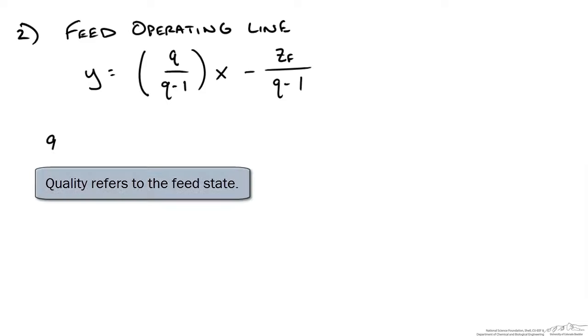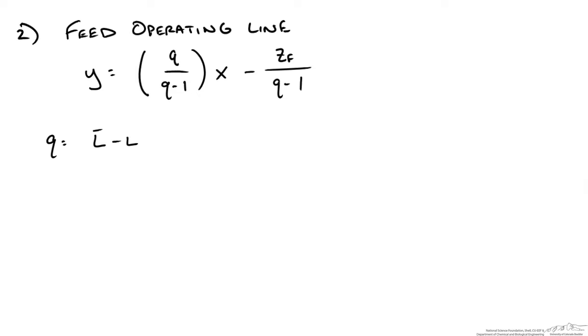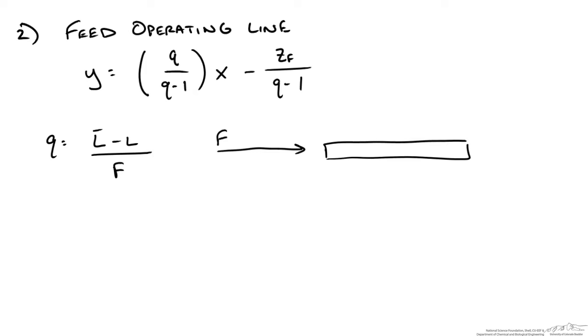Our feed quality is an indication of how much of our feed is liquid or vapor. And we could write this as a balance of our liquid flow rates in and out of our feed plate over the amount that we feed. And so when we look at this, we want to get an idea of what our feed plate is. So I've drawn our feed coming into our feed plate.